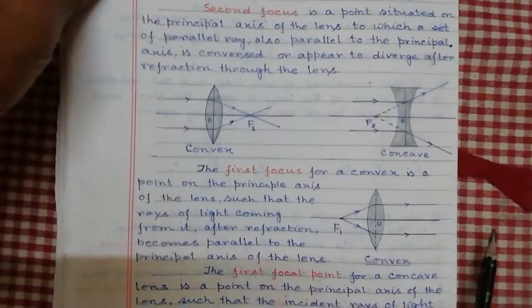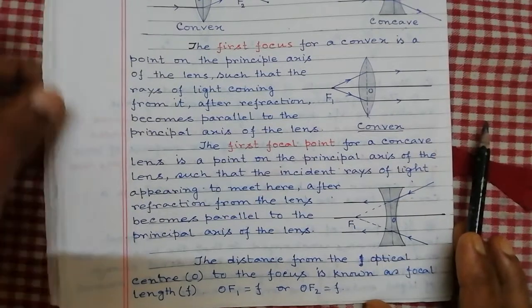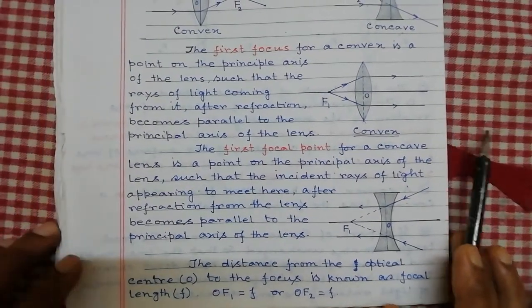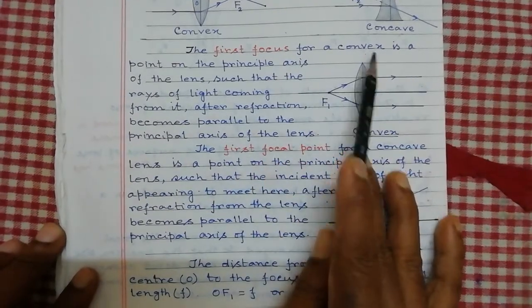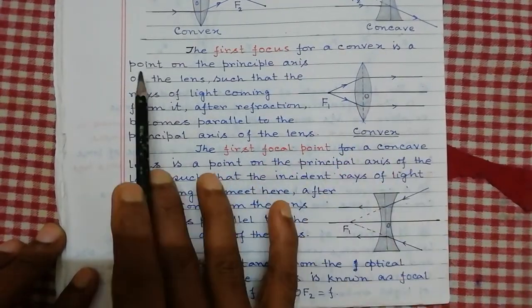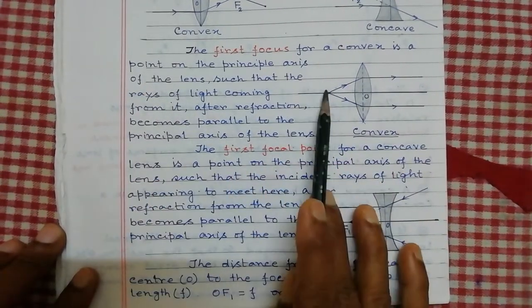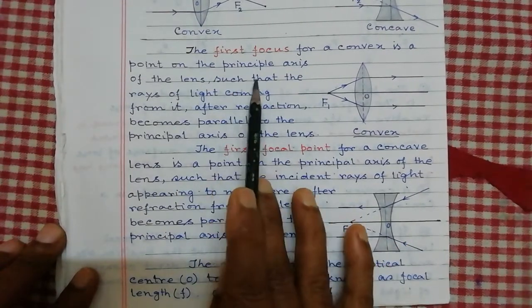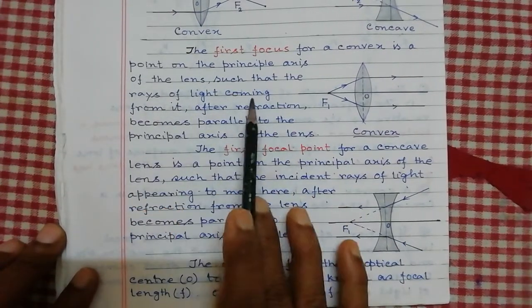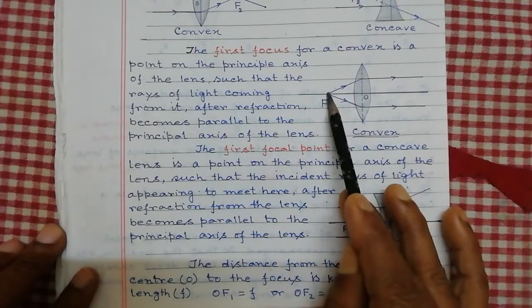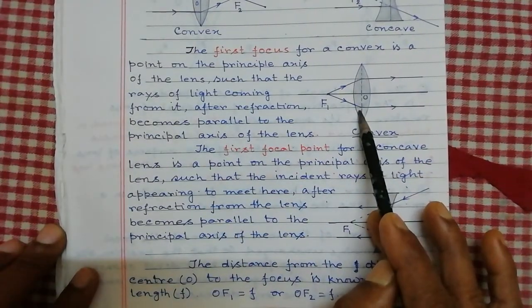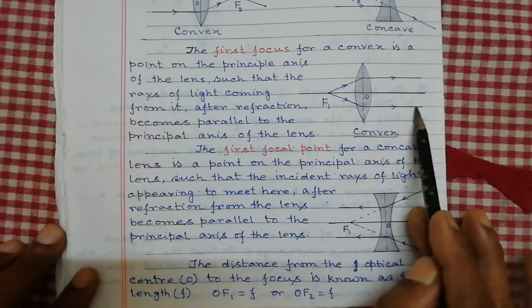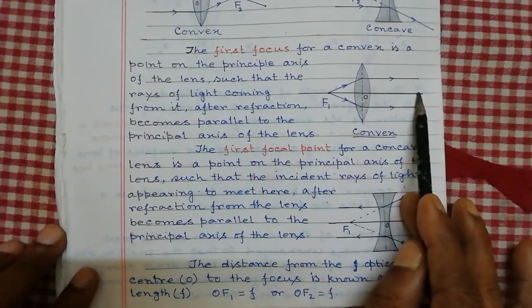Now the first focus. What is the first focus? The first focus for the convex lens is a point on the principal axis such that the ray of light coming from it, after refraction, becomes parallel to the principal axis.